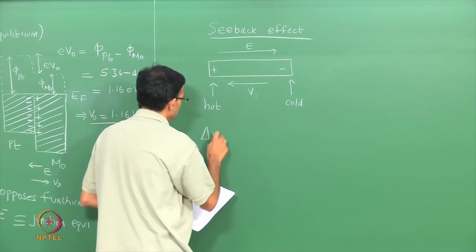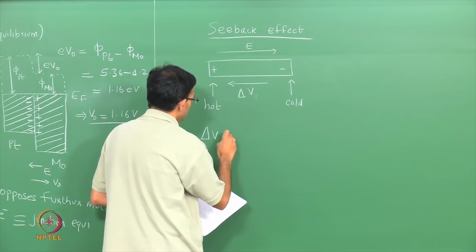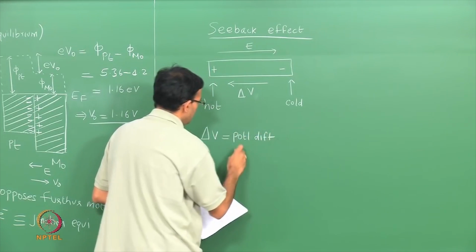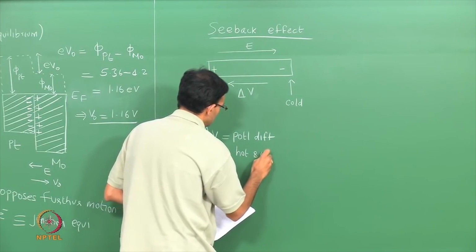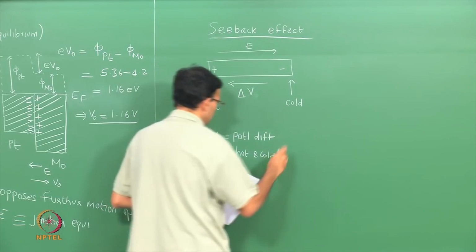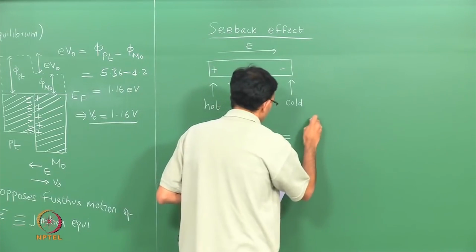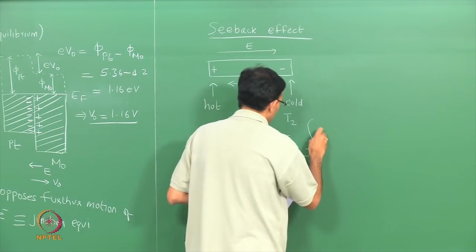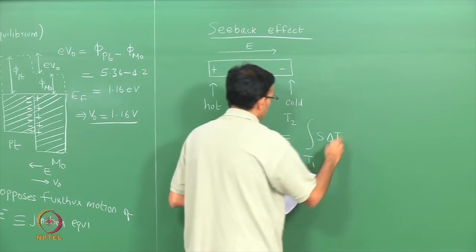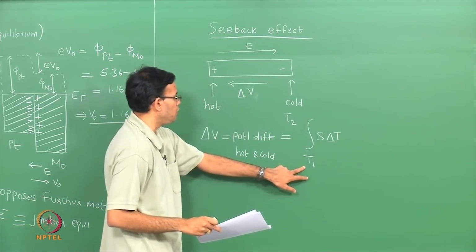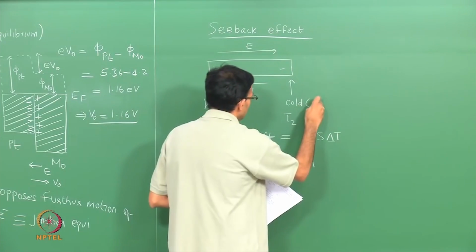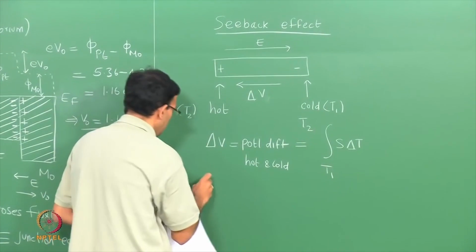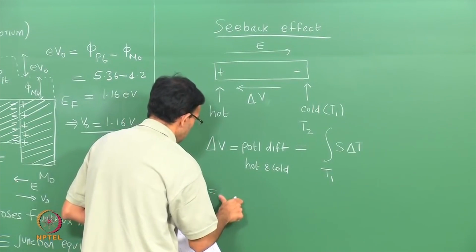So, delta V, which is the potential difference between hot and cold, is nothing but the integral of S times dT, from T1, which is the temperature at the cold end, to T2, which is the temperature at the hot end, and S is called the Seebeck coefficient.